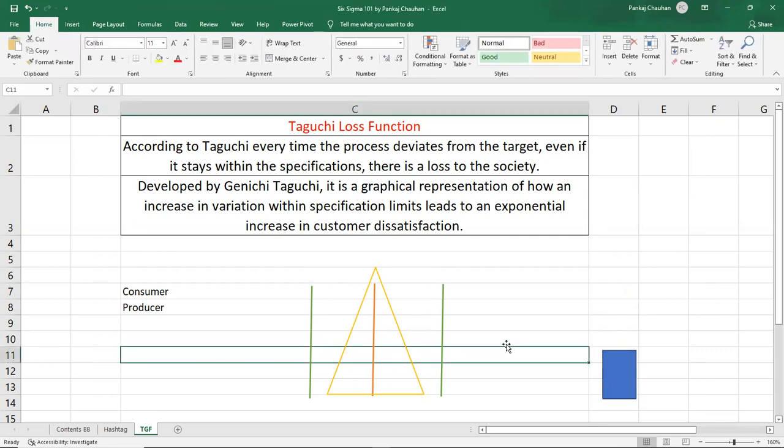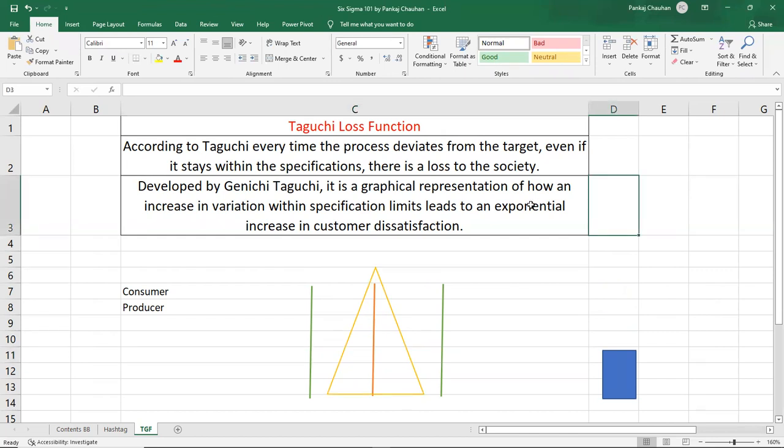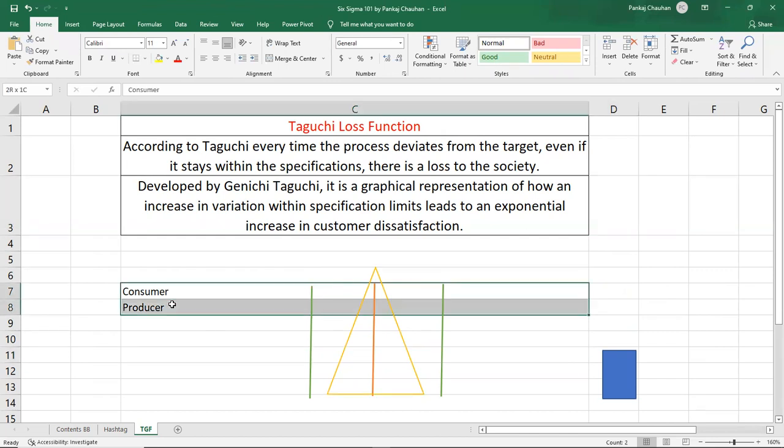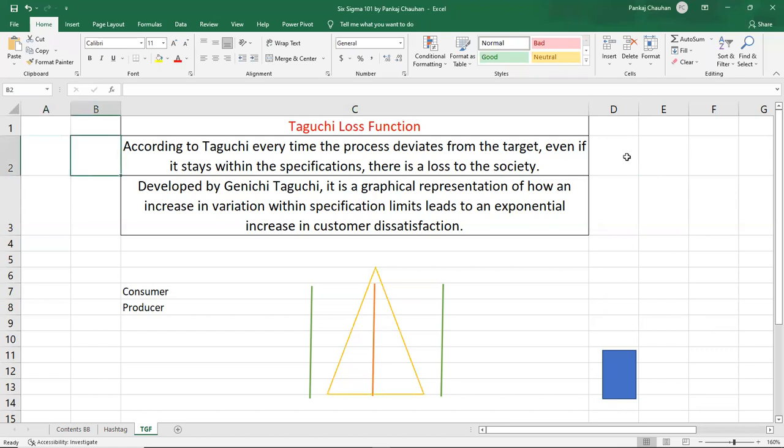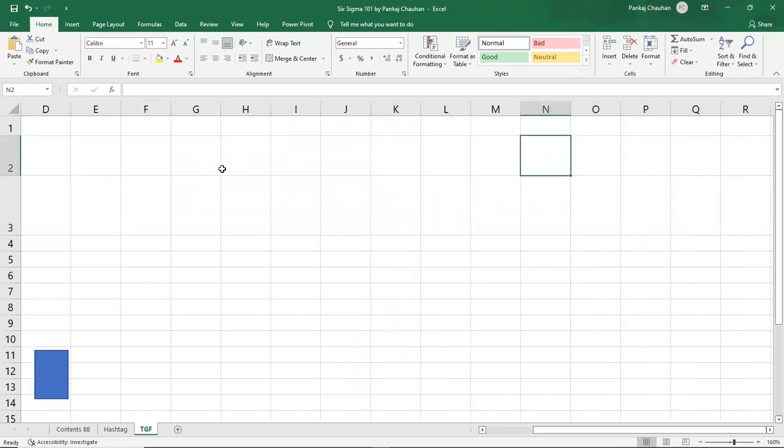Now let's take a practical example and understand how the Taguchi loss function calculation works. There are two people in society: one is the consumer, another is the producer. Let's say you, being a consumer, buy something every day. I'll take the example of buying milk every day, approximately 1000 ml.